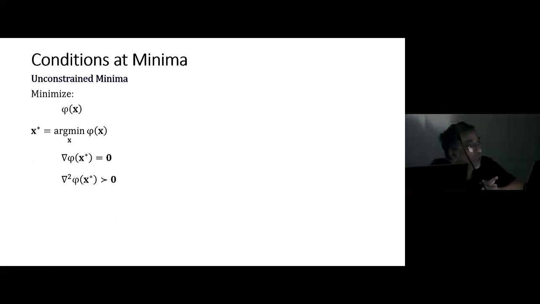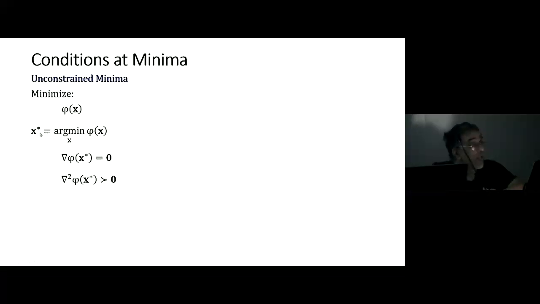Okay, now conditions at the minima. Suppose we have this function, it's a multivariate function, it takes a vector argument but produces a scalar. So it's a mapping from n dimensions to one dimension.